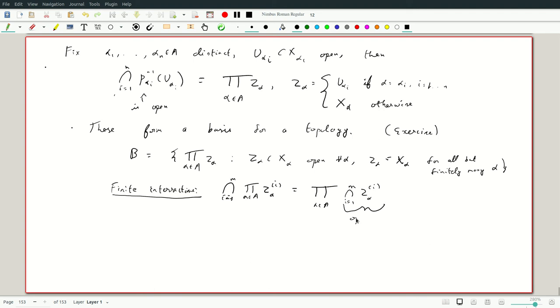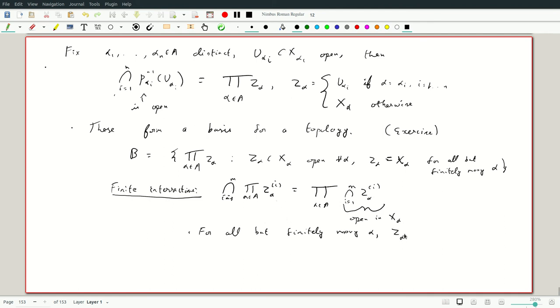This is open in X alpha, and this is the product, and for all but finitely many alpha, well, what happens? The exceptional cases where Z alpha is not X alpha are only finitely many for each i. So you put together a finite collection of finite sets, it is still finite.